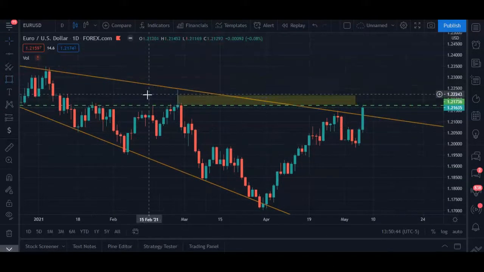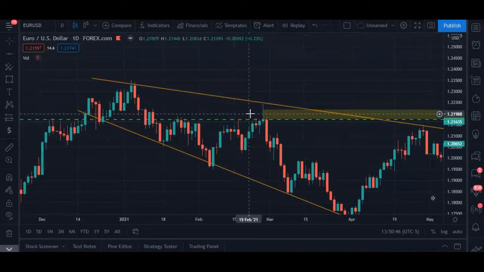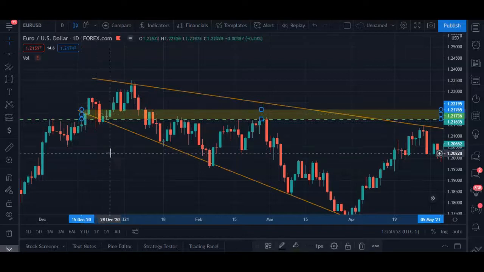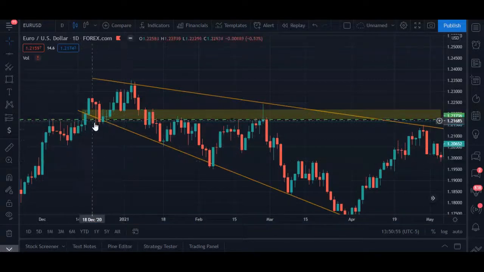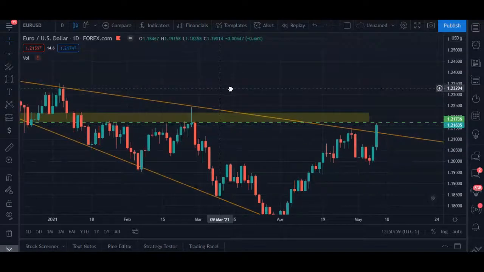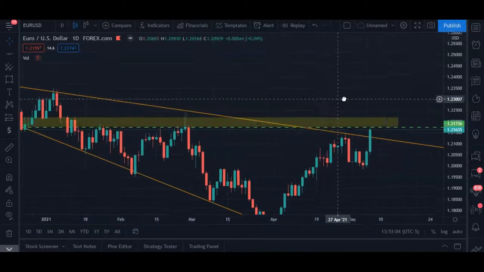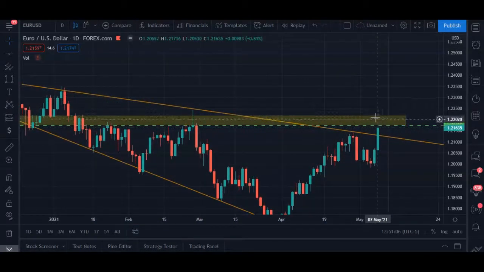This is a possible sell zone. So only draw these boxes. This is where a lot of action happens. So if I'm looking for a sell or buy or whatever, I'm looking for it in this area.